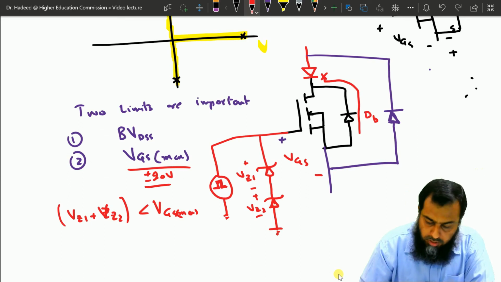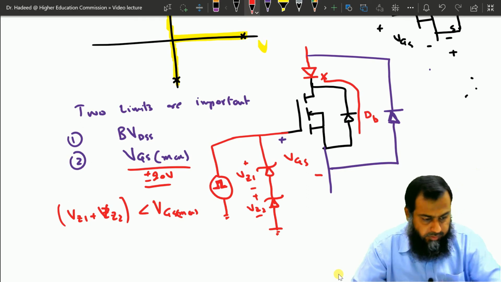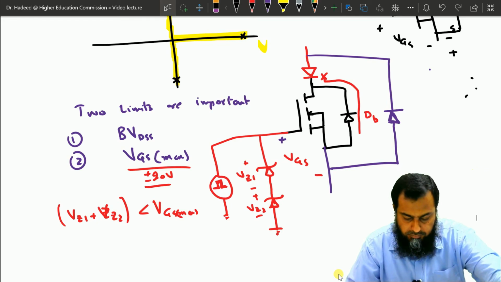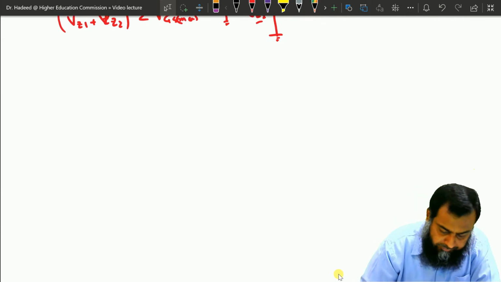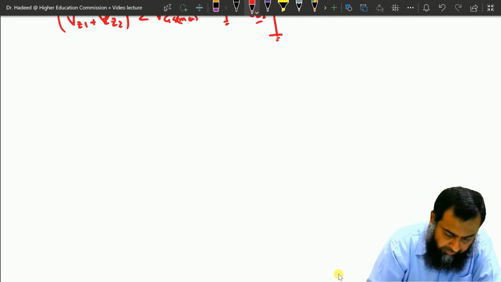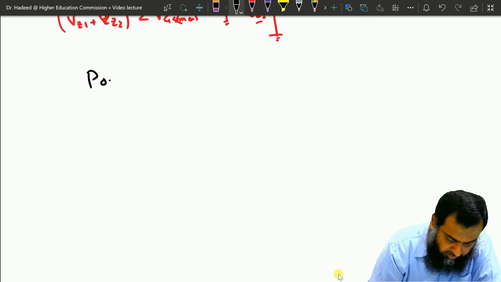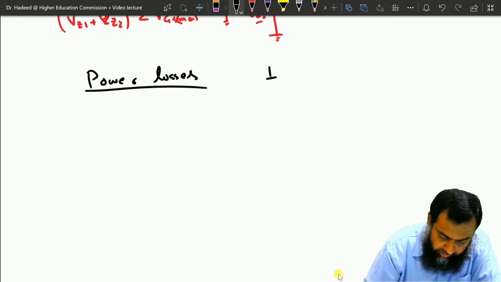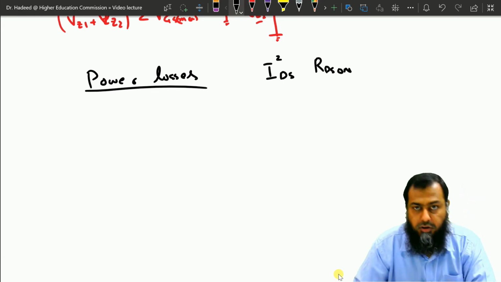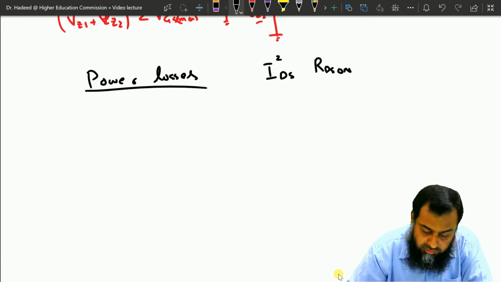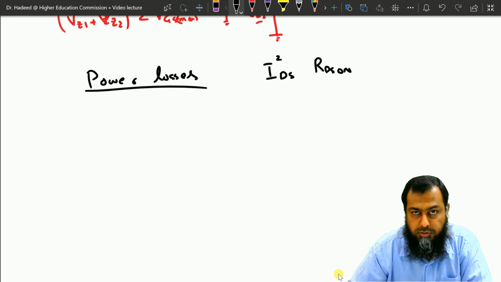Also, if you notice here, a MOSFET has power losses that are a function of I squared drain to source times RDS on. Whenever we turn on a MOSFET, there is a resistance offered by the channel of the MOSFET, which is known as the RDS on.